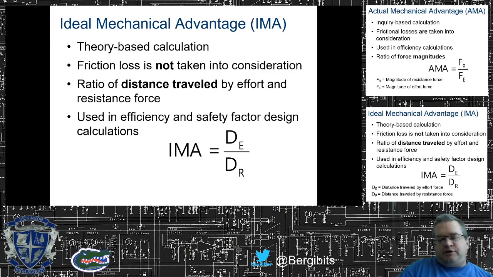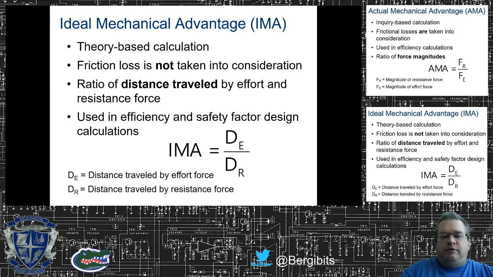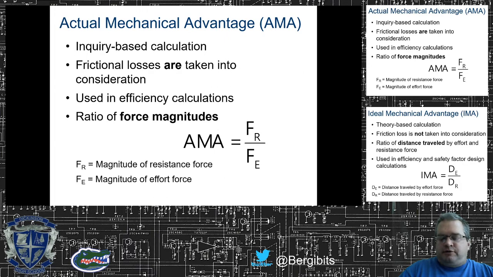Distance effort over distance resistance is your IMA, and this is focused mainly on distance, while AMA is focused on force. AMA equals force resistance divided by force effort, and friction loss is taken into account.